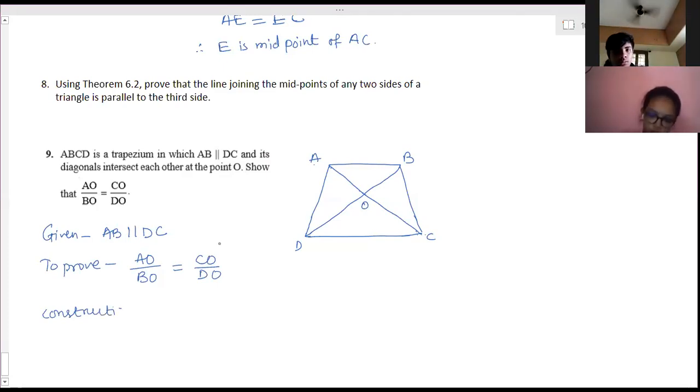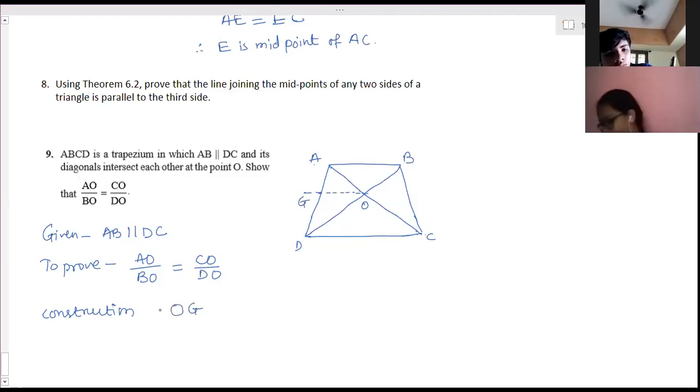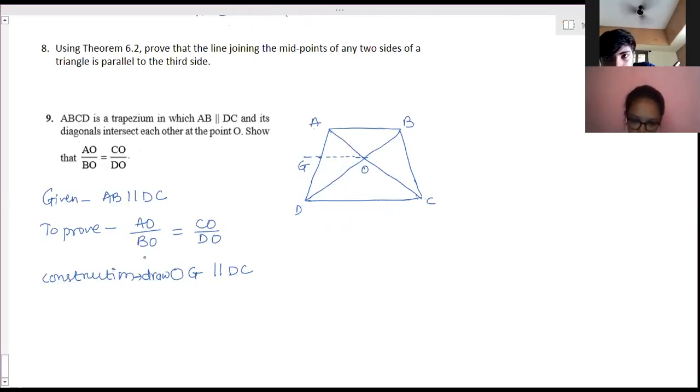We have to do construction here. We have to draw a line parallel to DC passing through O. Suppose OG. Draw OG parallel to DC. Only one side we are drawing, full side we are not drawing.